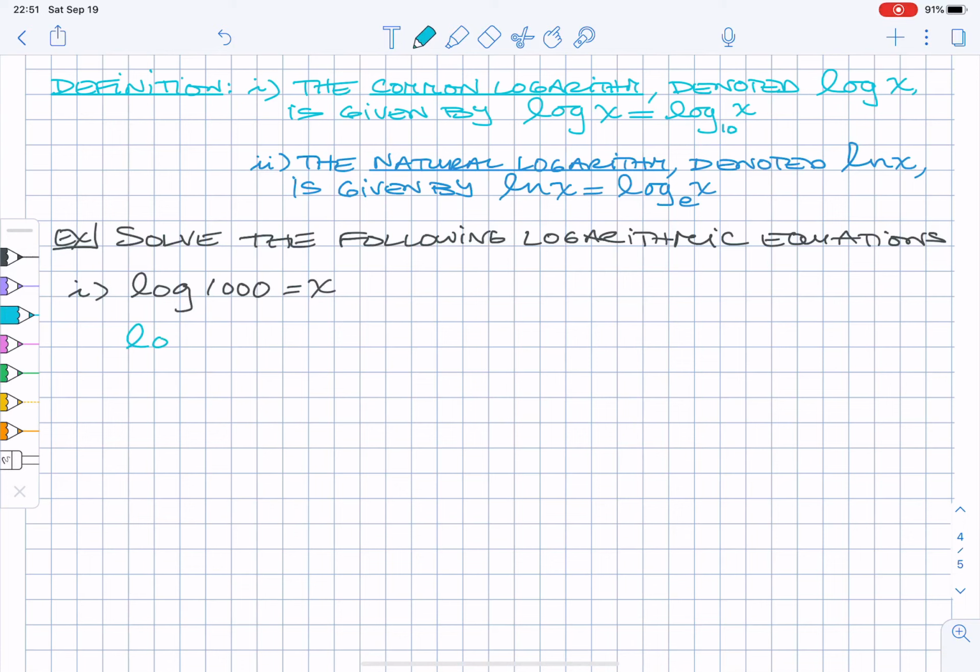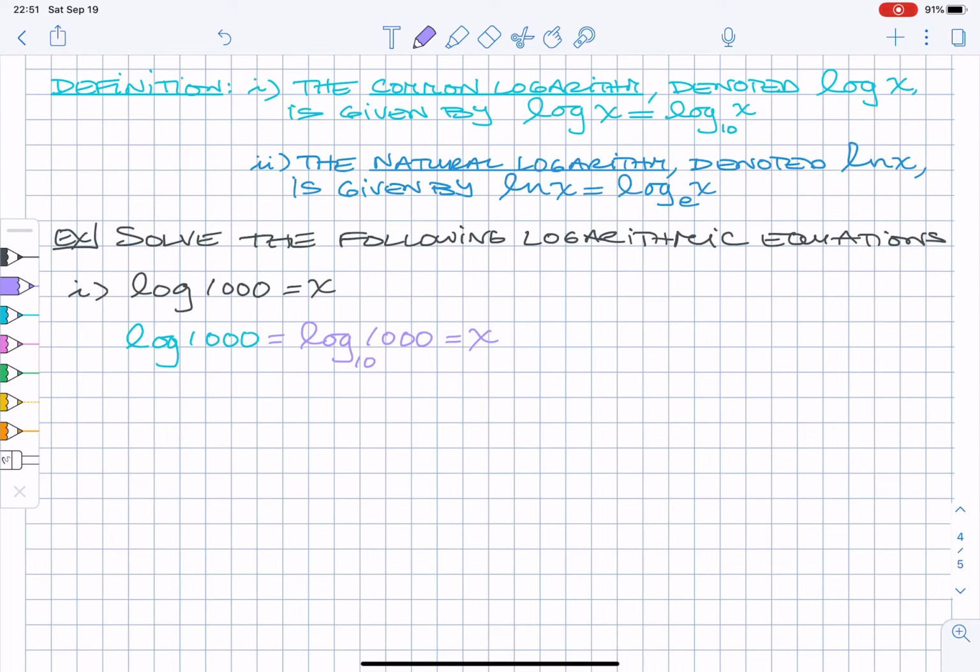So log of 1,000 is equivalent to log base 10 of 1,000 is equal to x. Because by definition, log without an indicated base is the common log, hence the base is 10.